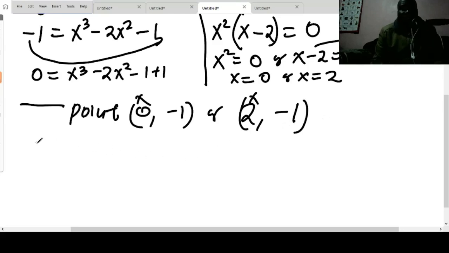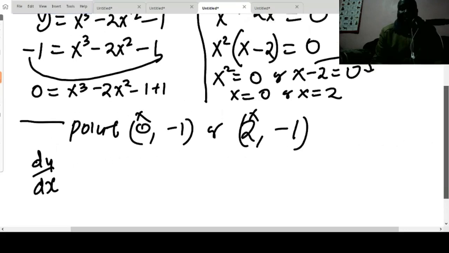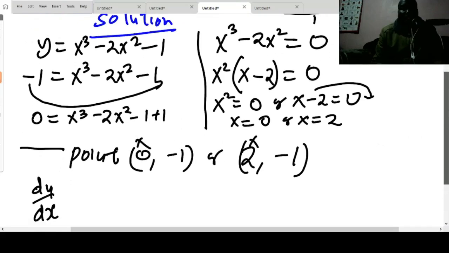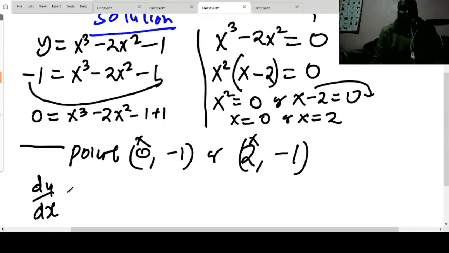Now the gradient function is given by dy over dx. Now we will go back to our y. Our equation is y. Let us get the gradient function here, which is equal to, differentiate this one, itakuwa 3x square, right, minus 2, that is 4x, like that.